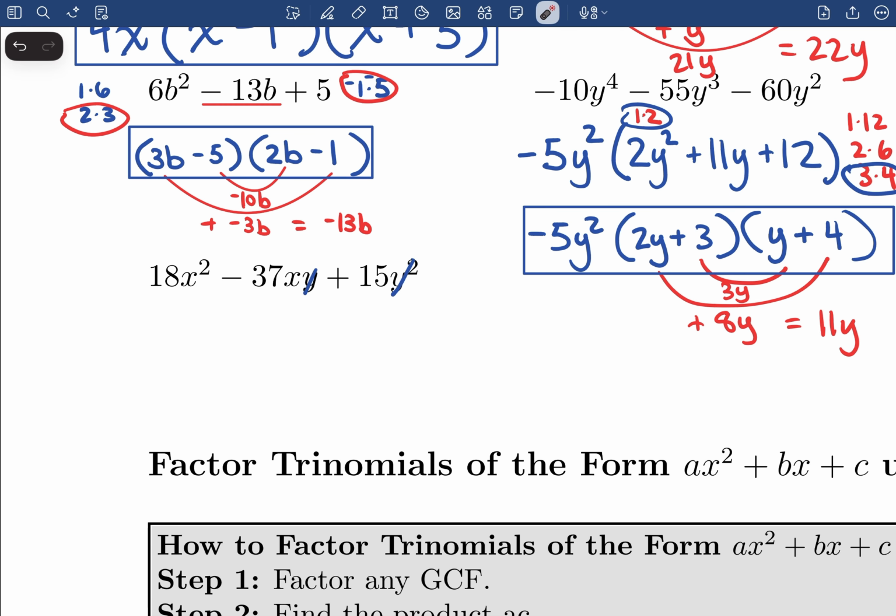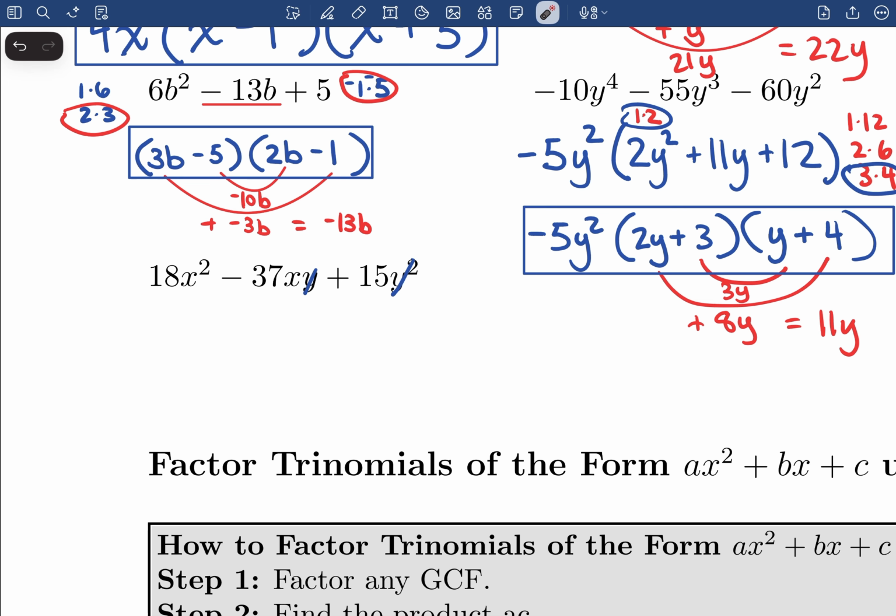Now, I look at these coefficients, 18, negative 37, and 15, and I say, do they have a GCF? And I think for a second, and the answer is no, they don't, because 37 is not a multiple of anything, I think. I think it's a prime number, right?